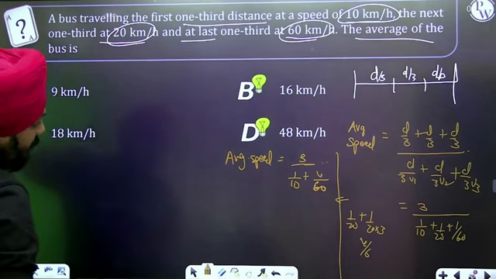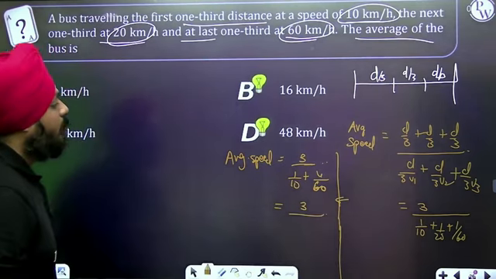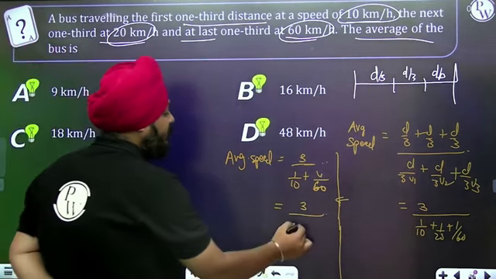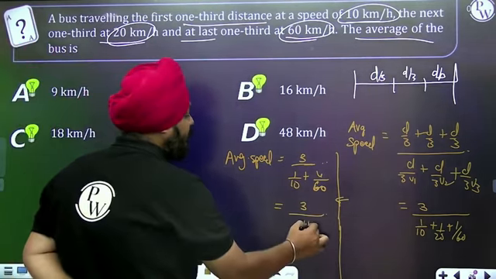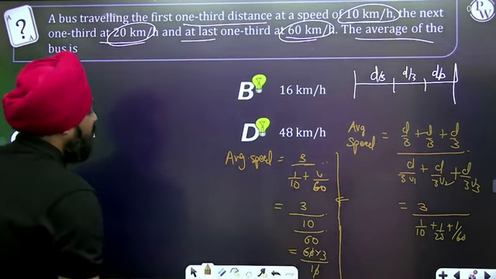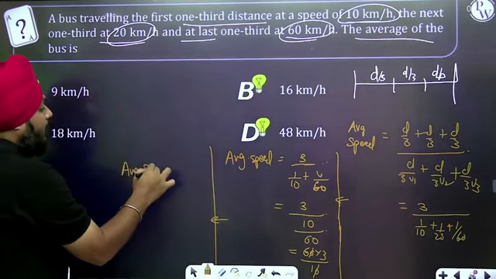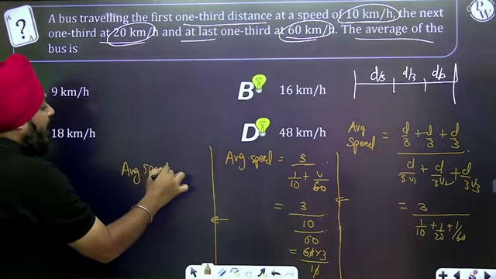Sorry for that. 6 plus 3 plus 1 is 10, so 10 by 60. So it is 3 divided by 10/60, that is 60 into 3 by 10, and this gets cancelled. The average speed is going to come upon as 18 km per hour.